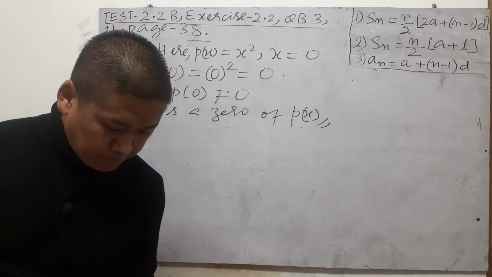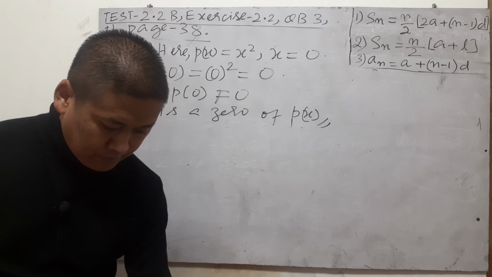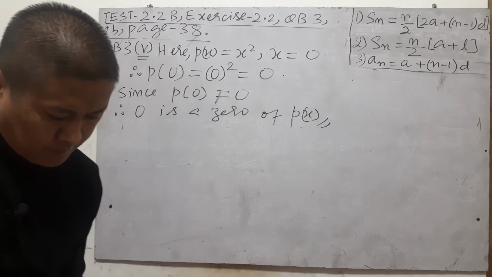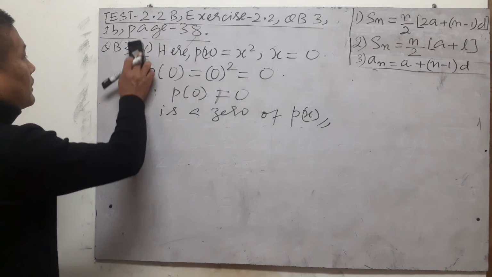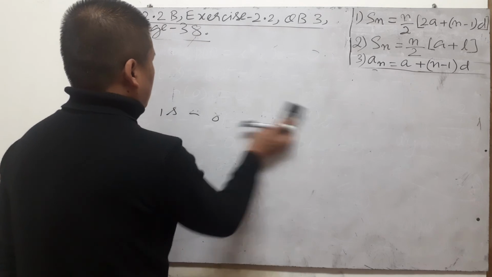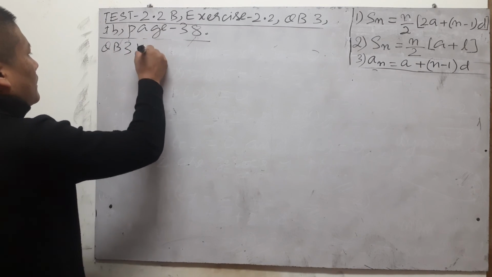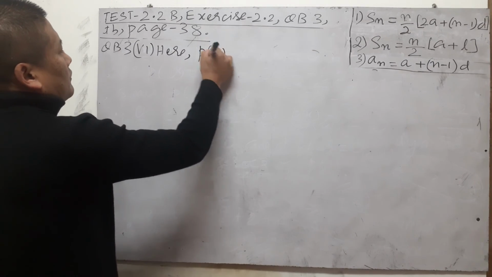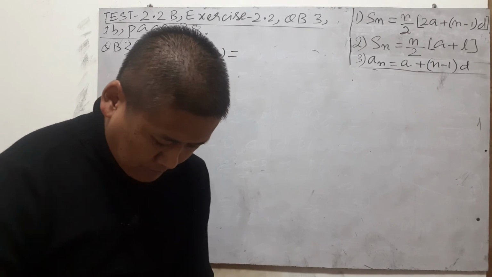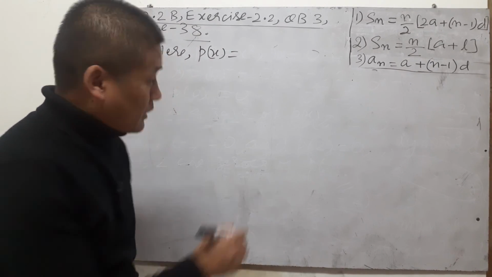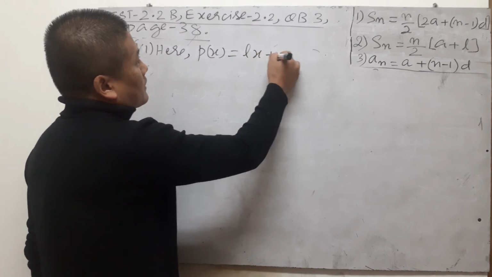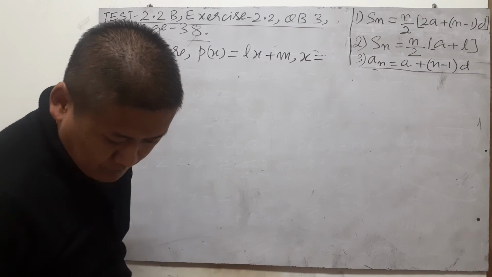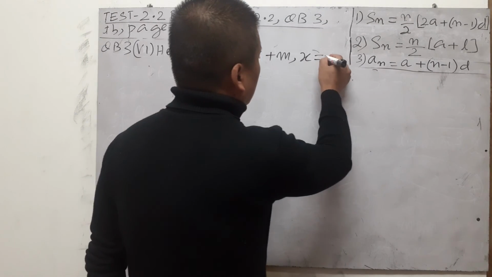So let's go to the sixth one. Here p of x is given as lx plus m, for a value of x equal to minus m by l.